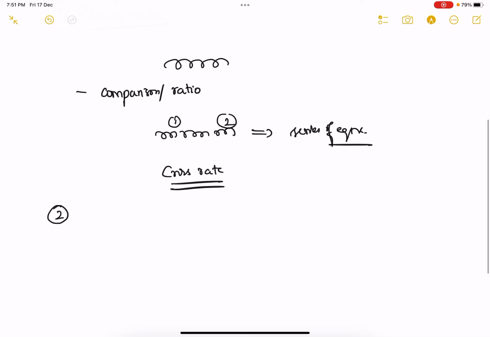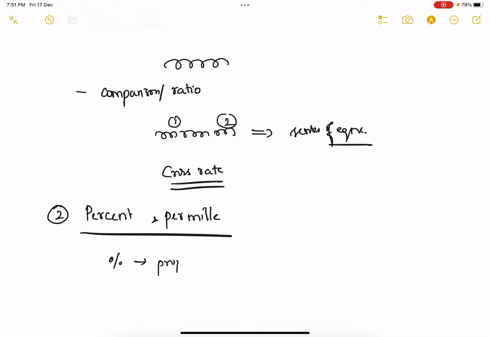The next term is percent and Permille. We all know what a percent is, which is proportion per 100. So 1% is 1 part in every 100 parts.